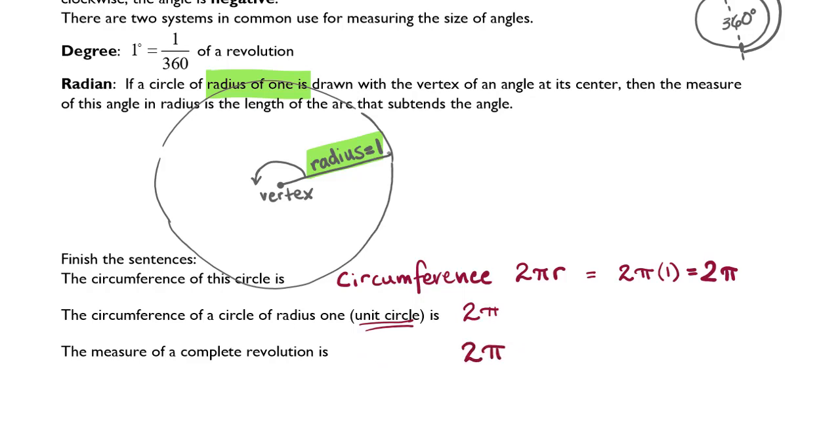Because if you were to go all the way around this circle that I just drew, given it's just a sketch, it will give you 2 times pi, which is approximately 3.14159, etc.